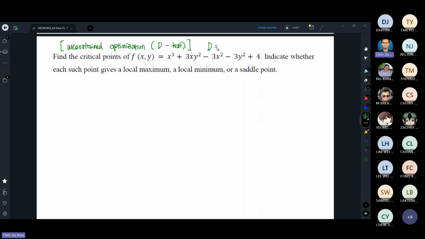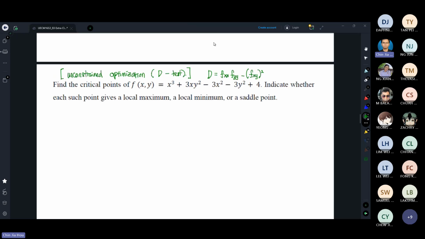The D formula is simply fxx, fyy minus fxy whole thing squared. That's the formula. That's it. That's what you have. Okay.